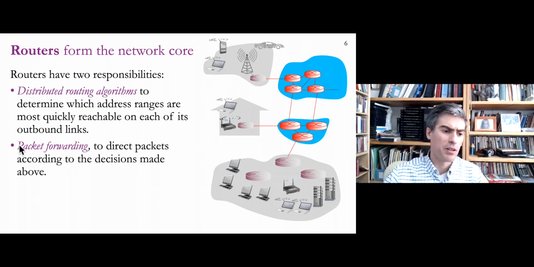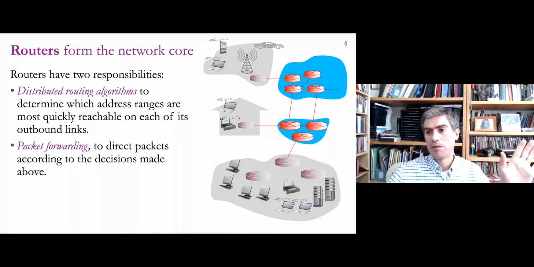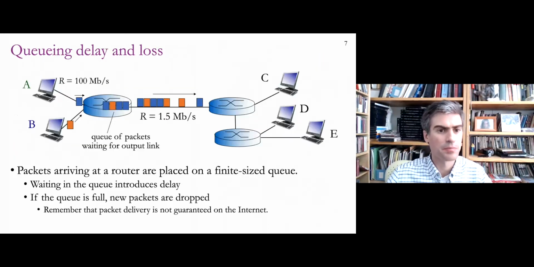So the main responsibility, really the purpose of the router, is to forward packets, but it needs the information from the distributed routing algorithm to decide how to forward packets. Okay. But we'll talk about this stuff in chapter 4 or 4 and 5. I forget exactly the chapter number. So it's in the middle of the class.